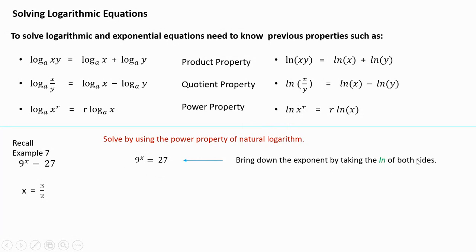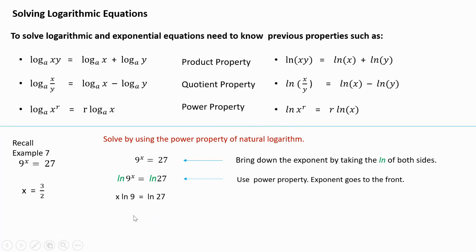We bring down the exponent by taking the ln on both sides. So by using the power property, the exponent goes to the front. Now it'll be x ln of 9 equals ln of 27.